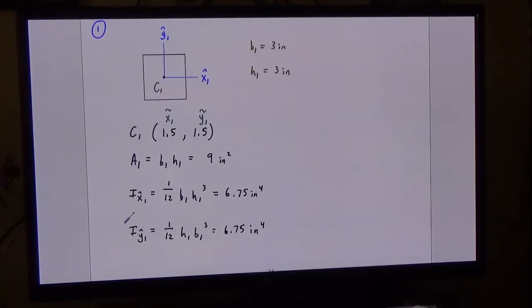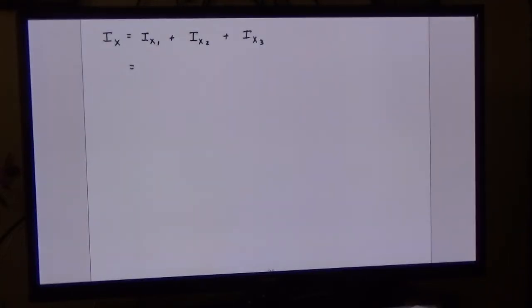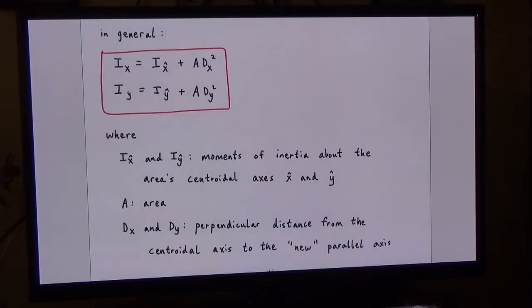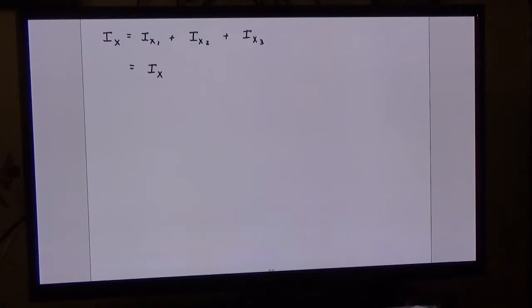So I'm going to end up using a parallel axis theorem to do that. So it should look something like parallel axis theorem equation. To remind ourselves, we have I about the centroidal x-axis plus some area times a distance squared. So I'll just write this out first of all.